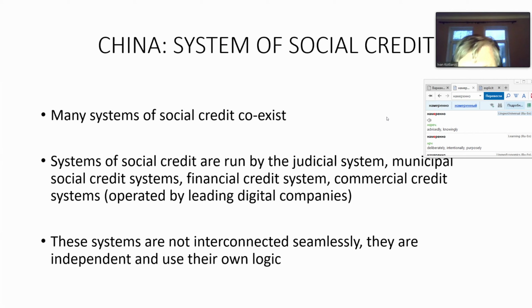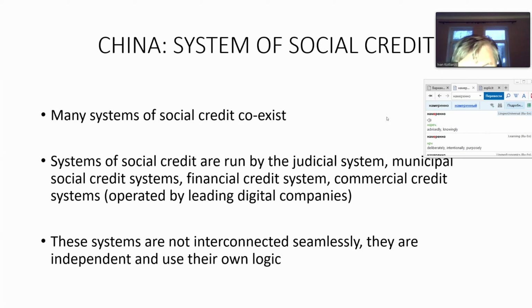Ladies and gentlemen, please pay attention to the fact that there are many municipal social credit systems. A system which is used in Beijing will not be similar to the system which is used, I don't know, in Shenzhen, etc. So there are a lot of different municipal social credit systems, and citizens in different areas of China should comply with slightly different rules.